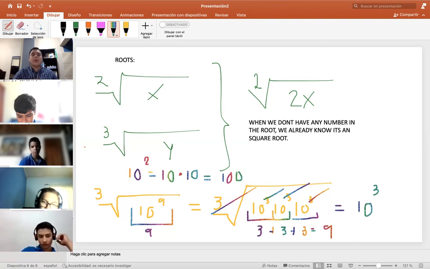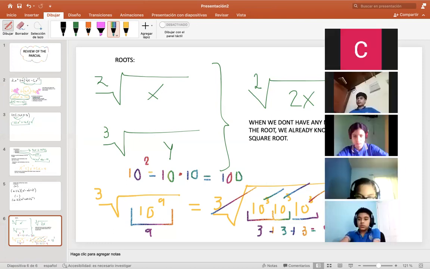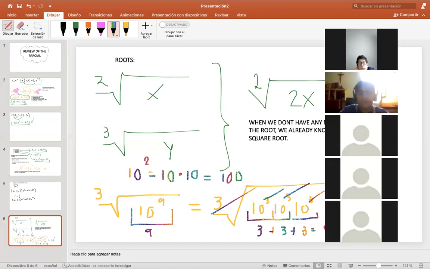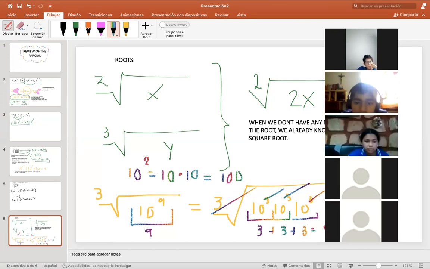What about the other ones? Yes. Alondra? Yes. Everything clear, Alondra, as water? Yes, clear as water. Sara? Sara Cáceres? Is everything clear, Sara Cáceres? Yes or no?